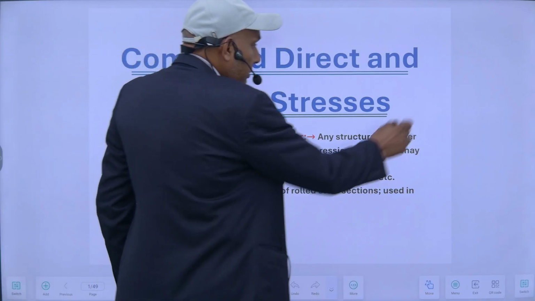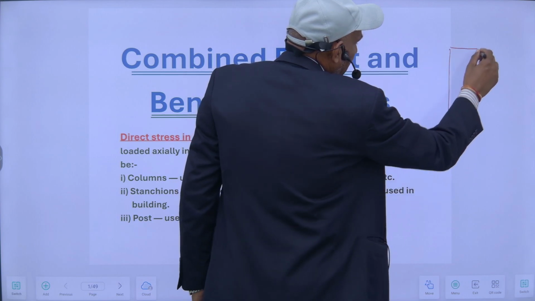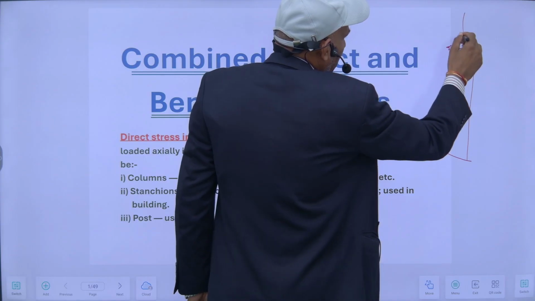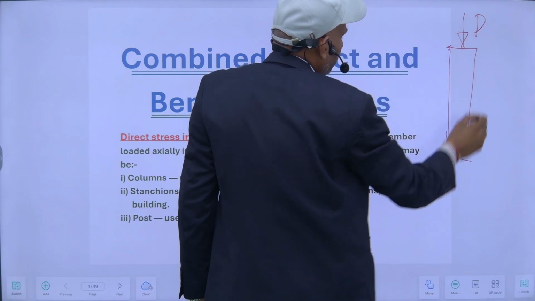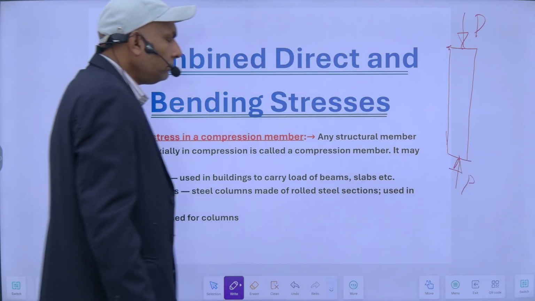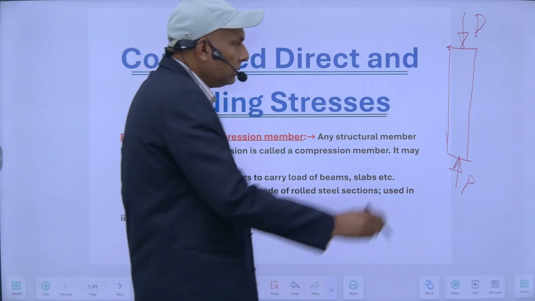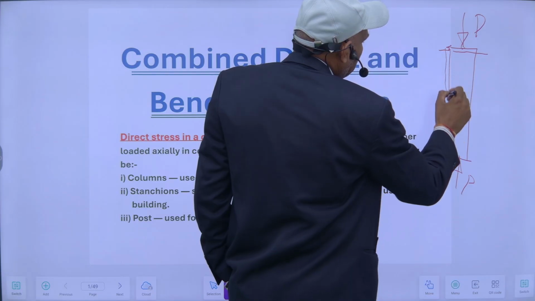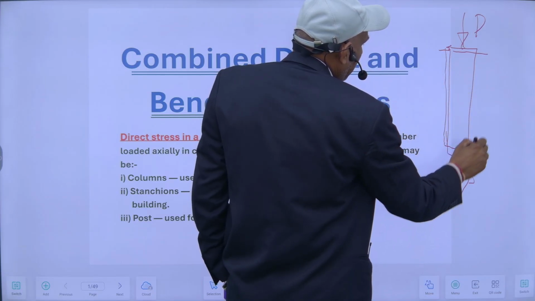Suppose I have a compression member like this, and I have applied a load P. Due to compression, it will deform like this.